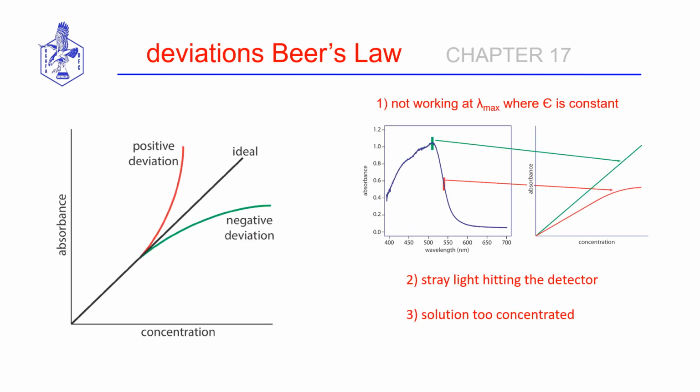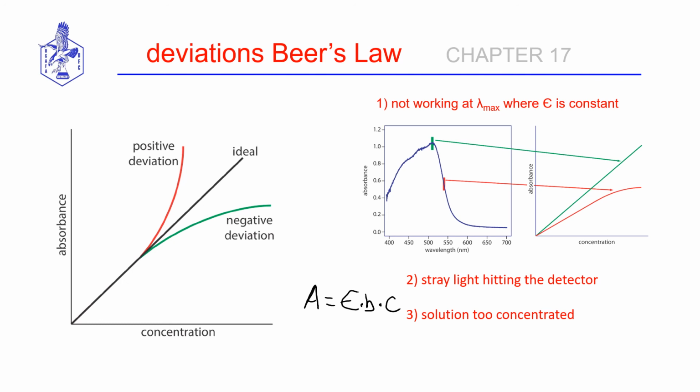A final note on the application of absorption spectroscopy and the fact that we do get deviations from Beer's law. So traditionally, absorbance is going to equal an extinction coefficient times path length times concentration of species of interest.